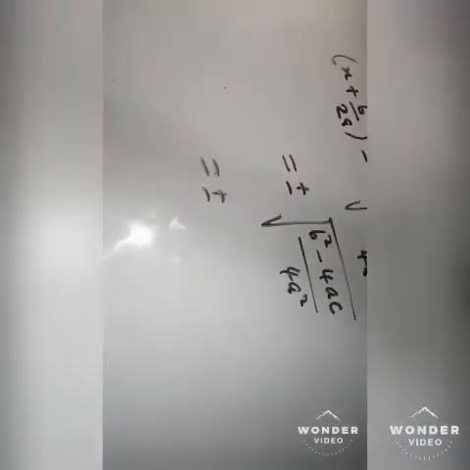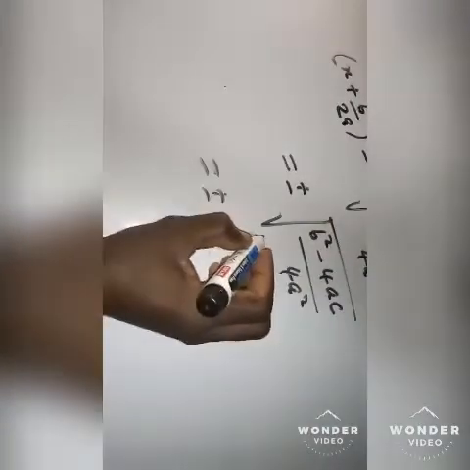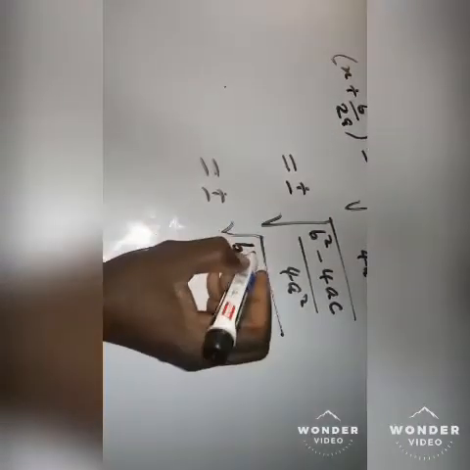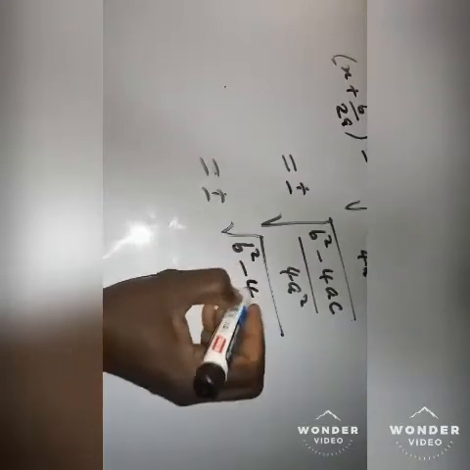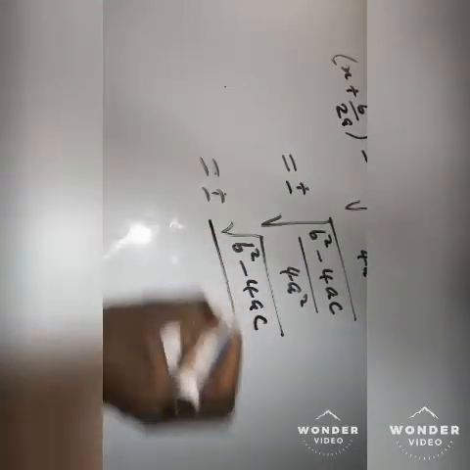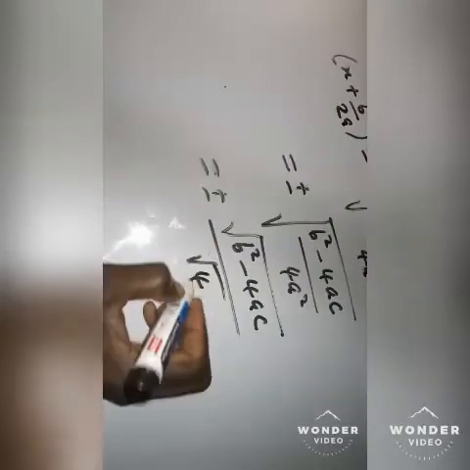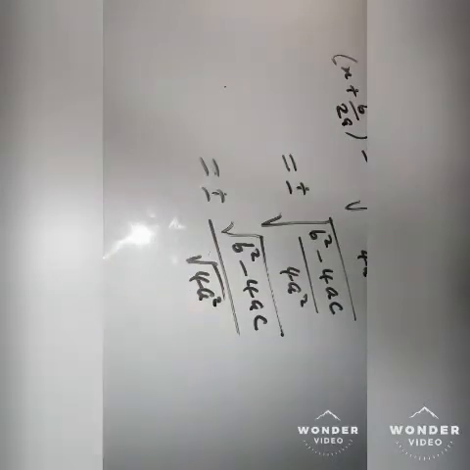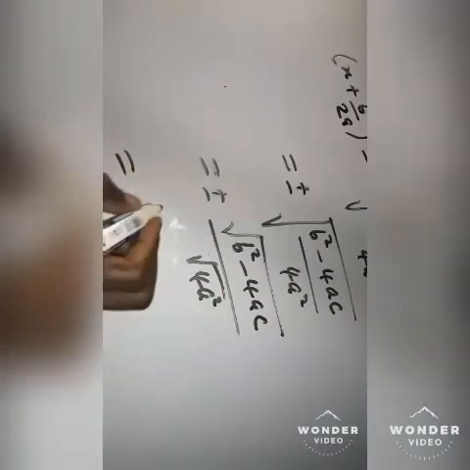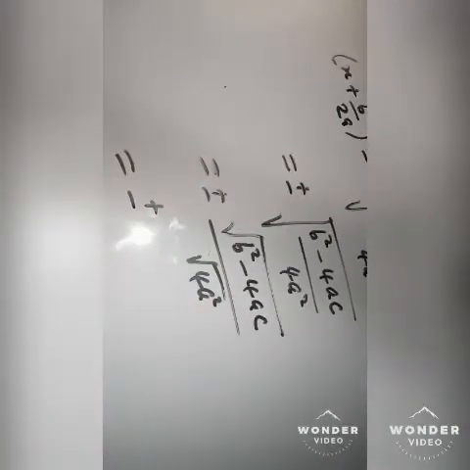Plus or minus. This will now change to, for convenience, the square root of 4ac all over square root of 4a squared, plus or minus.